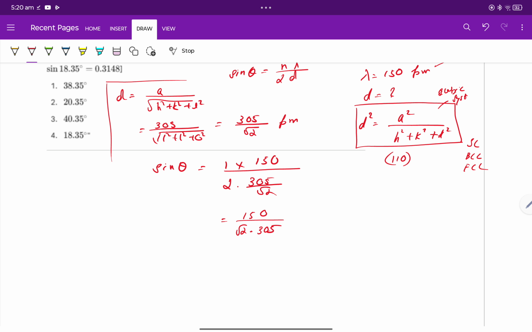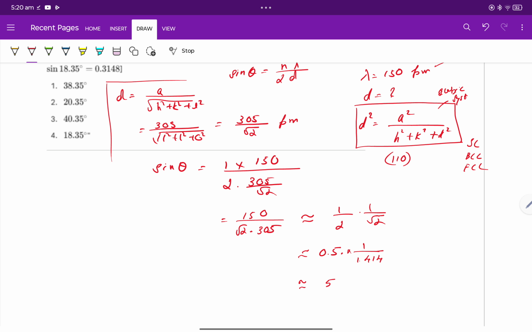You have to do some approximations here. 150 by 305 can be approximated to 1 by 2. So this will be 1 by 2 into 1 by root 2. 1 by 2 is 0.5, and 1 by root 2 is 1.414.